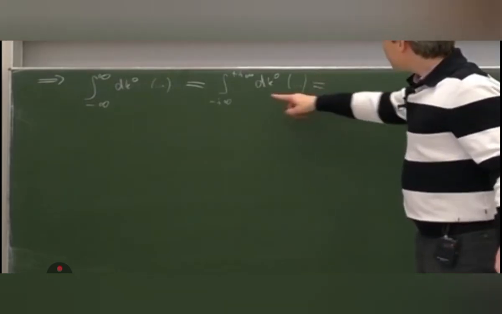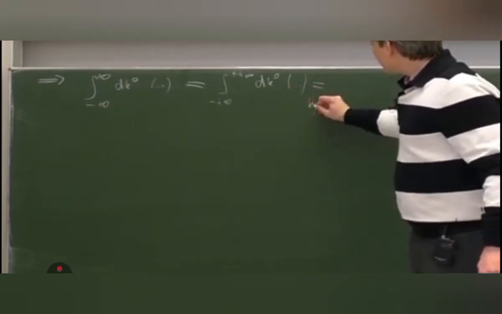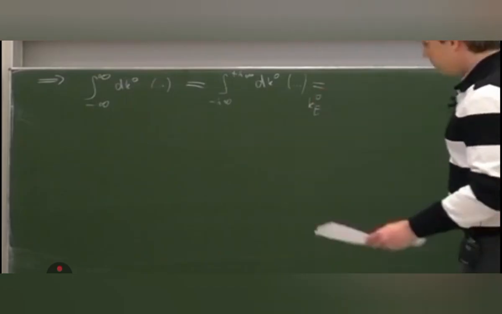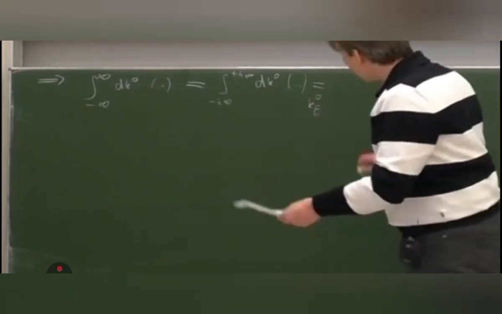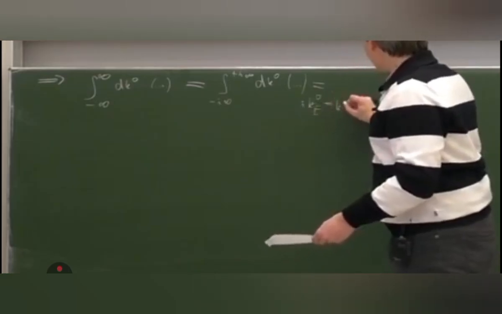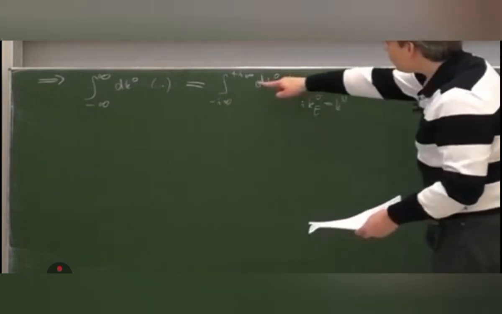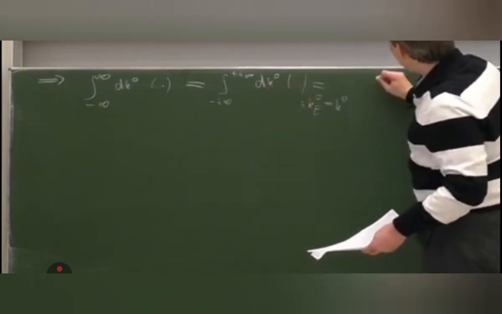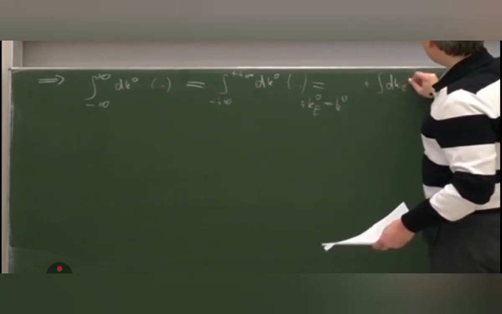We simply say, okay, we introduce a new variable which we call kE, where E stands for Euclidean, then we get Euclidean metric. So we say i times kE0 is equal to our original Minkowski k0. And then we can replace this here by an integral over i times dkE0 with the appropriate integrand.